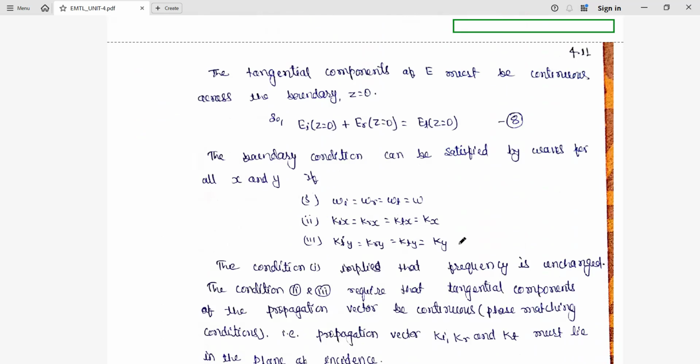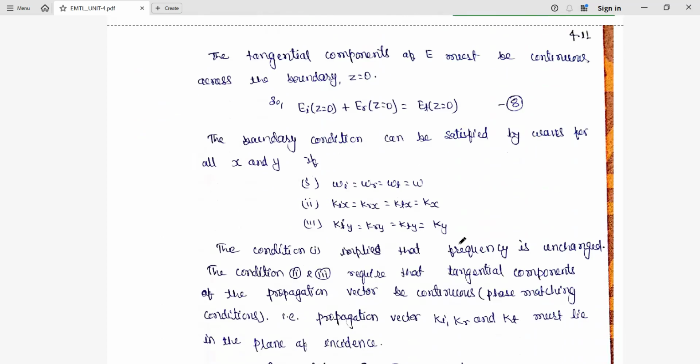And we know that the tangential component of the electric field must be continuous at the boundary. Already we have separate lectures for the electrostatic boundary condition as well as the magnetostatic boundary condition in the playlist. You can see that. At the boundary, these tangential components are continuous. If you have any doubts, you can write in the comments.